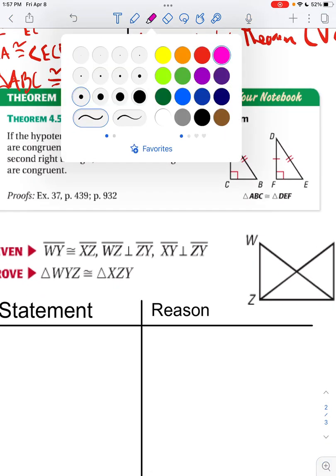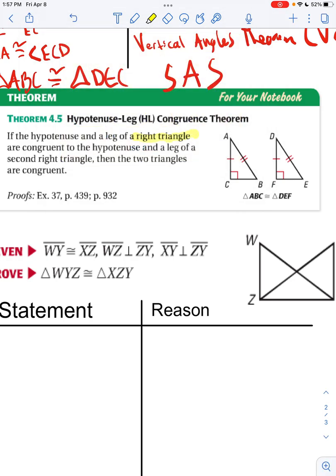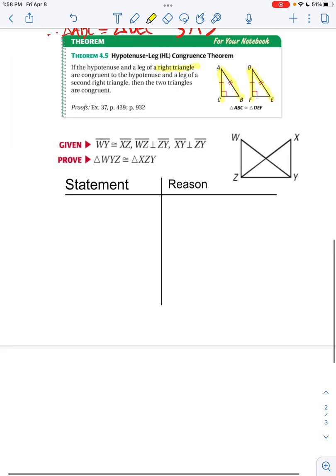Hypotenuse leg. A special note: this again only works for right triangles. If the hypotenuse, the side across from the right angle, and one of the legs are equal to each other, then the two triangles are congruent. So if we look at this statement, given, segment WY is congruent to segment XZ, so let's highlight that. WY congruent to XZ.